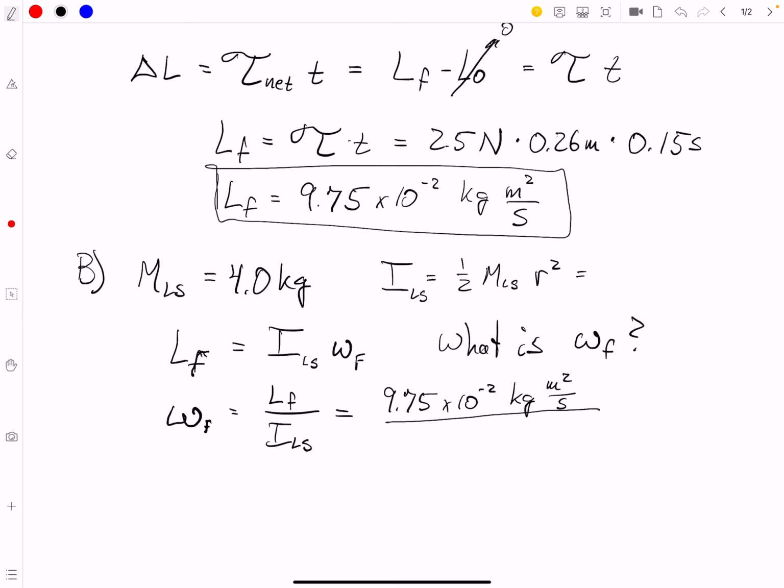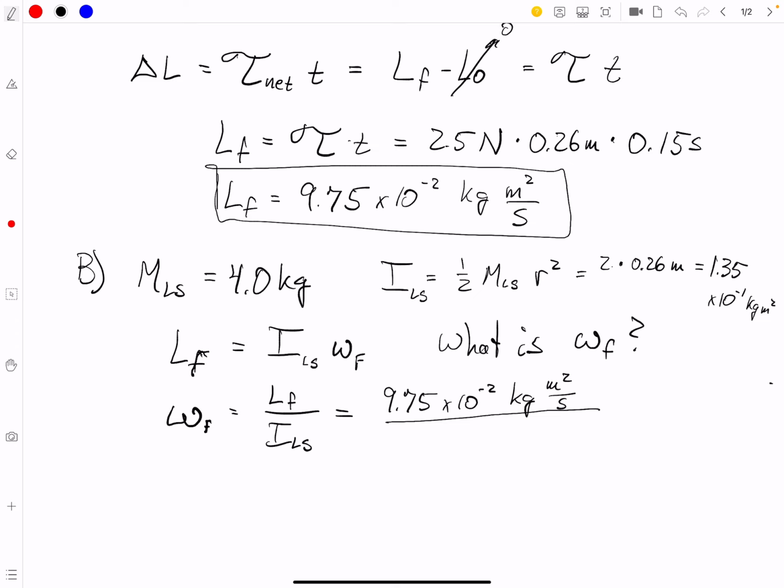Turns out it is 1/2 of 4.0 is 2.0. So we'll have 2 times the radius squared, which is 2 times 0.26 meters squared. And that equals 1.35 times 10 to the minus 1 kilogram meters squared.